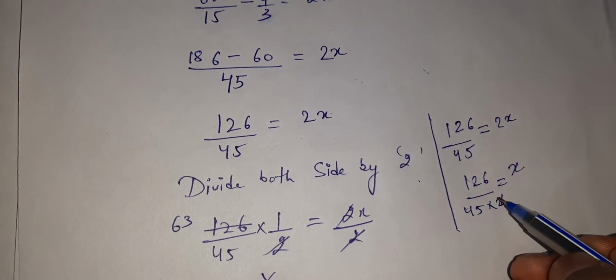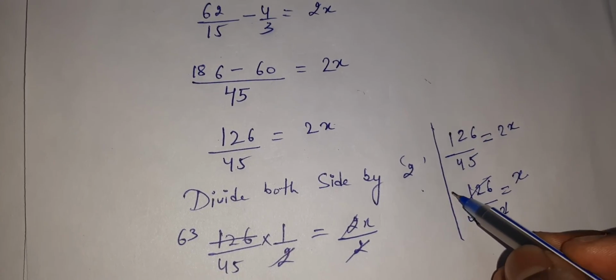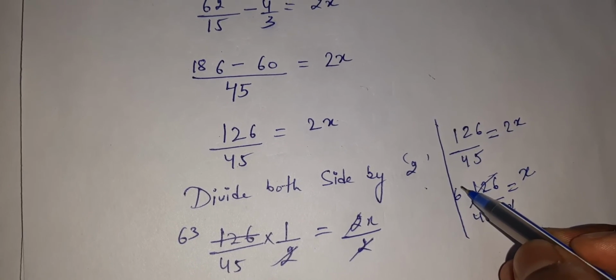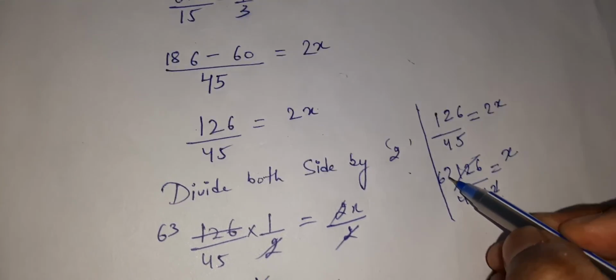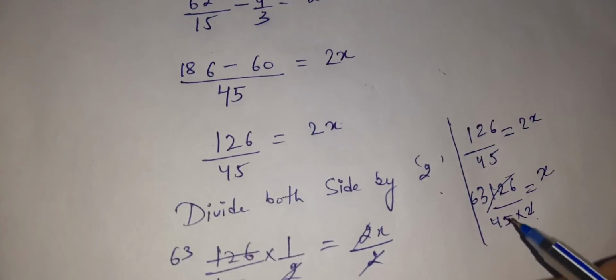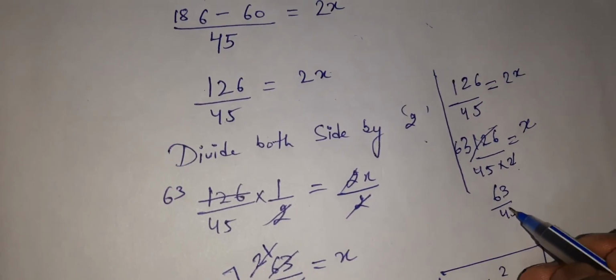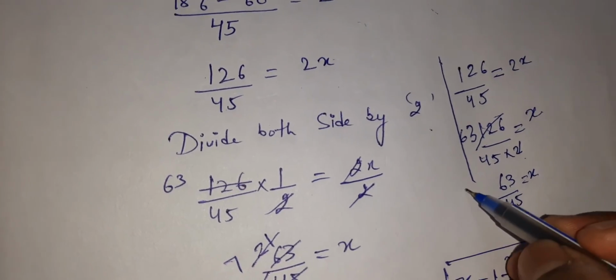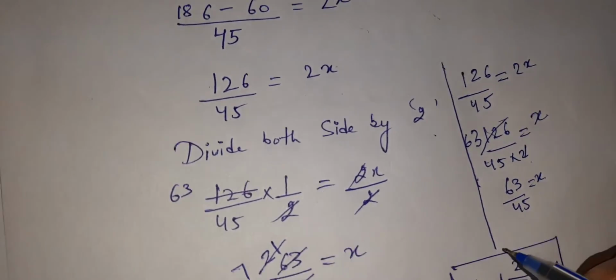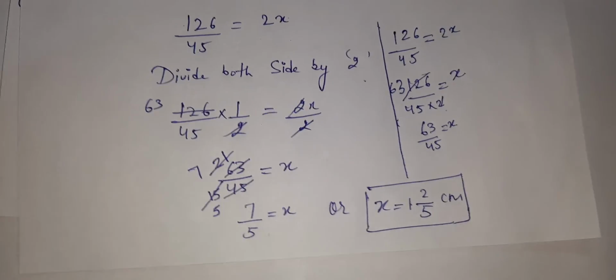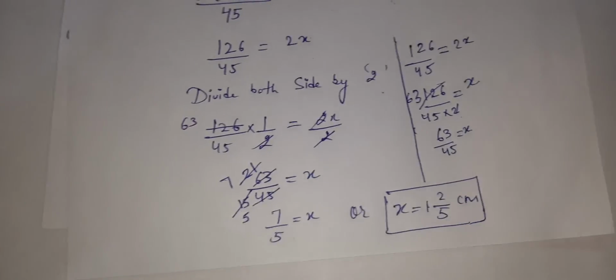Now cancel 2 by 126 by 63. Your answer will become 63 upon 45 and you can follow the same procedure. Got it? You can follow the same procedure.